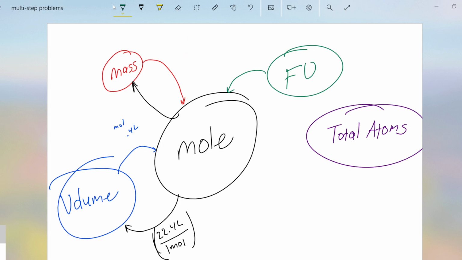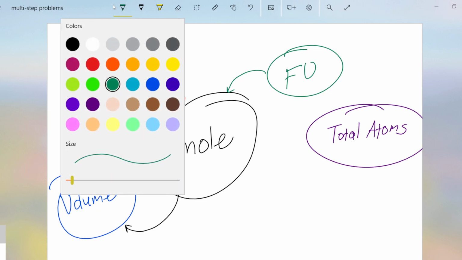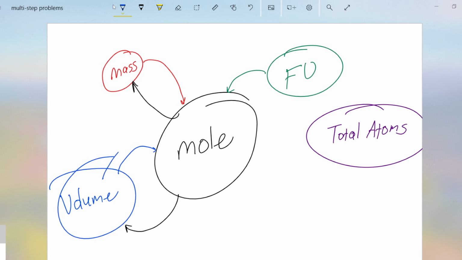Let's say that I wanted to go on a multi-step trip between Volume and FU Island. I'd start off in Volume Island and I would convert to moles. And then once I had my moles, I would convert to formula units from there. So it is one conversion and then a second conversion.